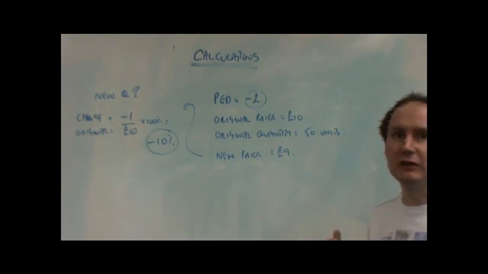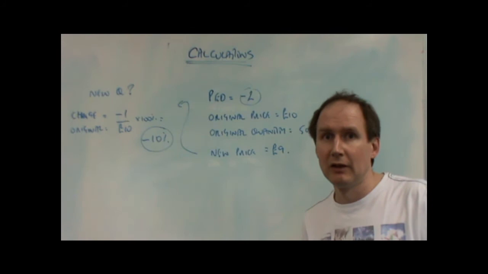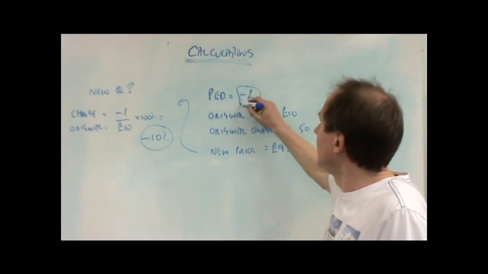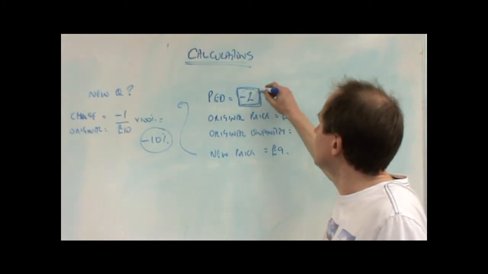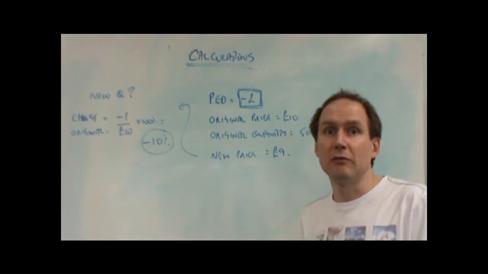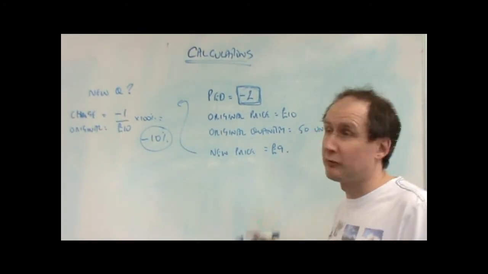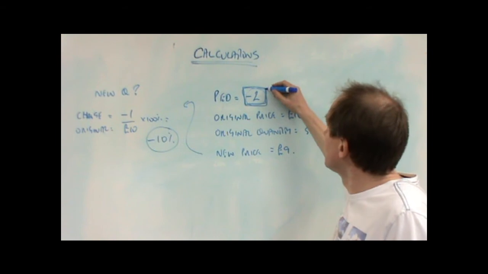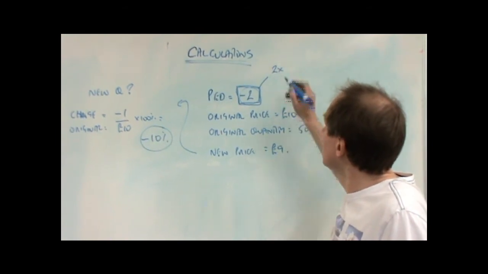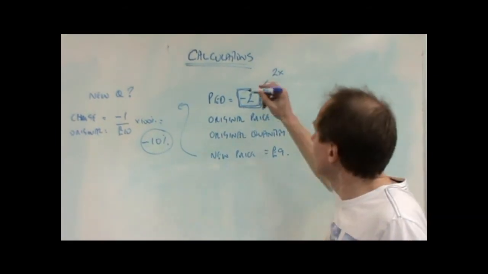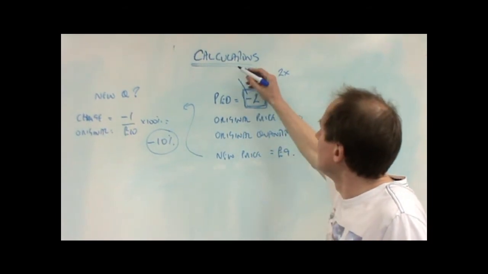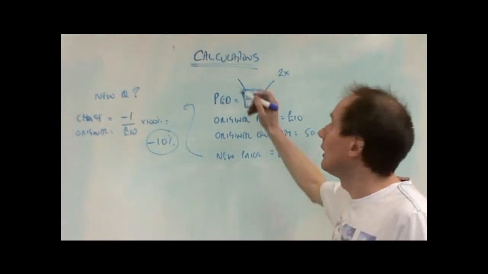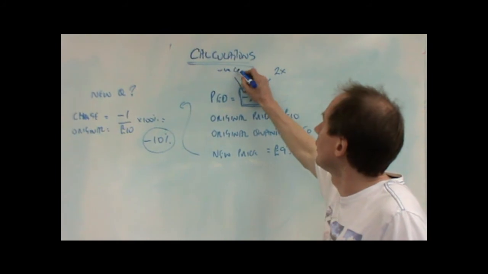So how much is demand going to go up by? For that we need price elasticity of demand. If price elasticity of demand is minus 2, that means, from before, demand changes by twice as much as price changes, and it goes in the opposite direction. There is a negative correlation.